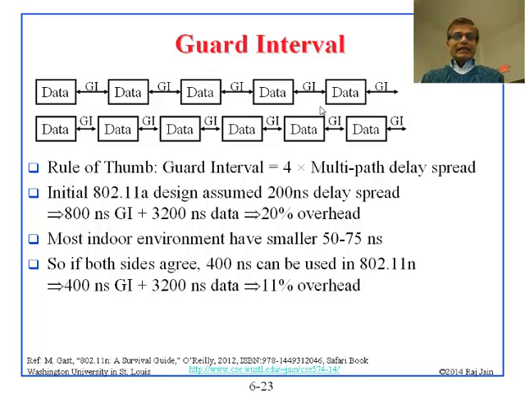Okay? But after it was deployed, they found out that in most places it's a waste of time, because in most places it's 50 nanoseconds and not 200. So they said, oh, well, we really don't need 800 nanoseconds. We can just do with 400 nanoseconds. If you have each 3200 nanoseconds of data, the 400 versus 800 makes a big difference. 11% overhead you save.